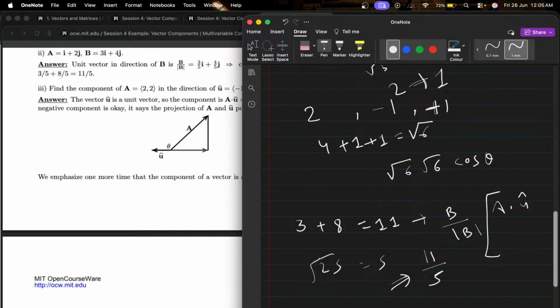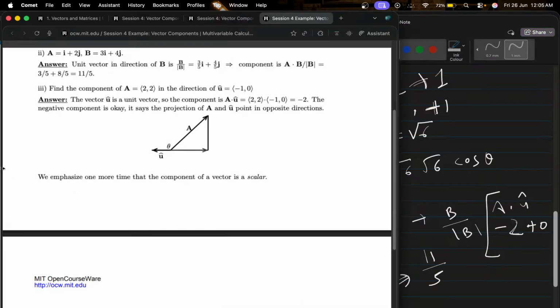It came out to be minus 2 plus 0. So minus 2 from here and 0 from here.